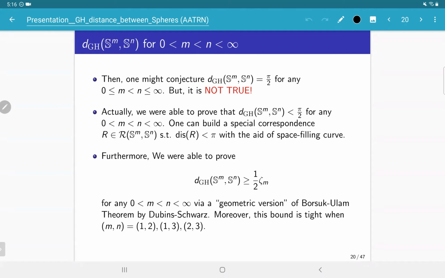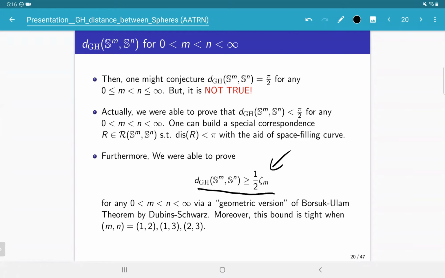But now I want to focus on this lower bound theorem, which I promised at the beginning of the presentation. We were able to prove that when m is smaller than n, and both m and n are strictly between 0 and infinity, the Gromov-Hausdorff distance between Sm and Sn is lower bounded by 1/2 zeta sub m.